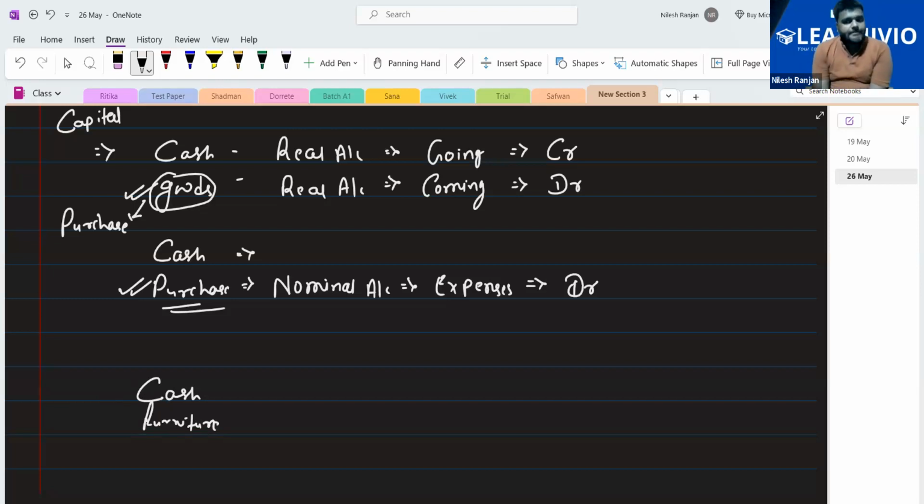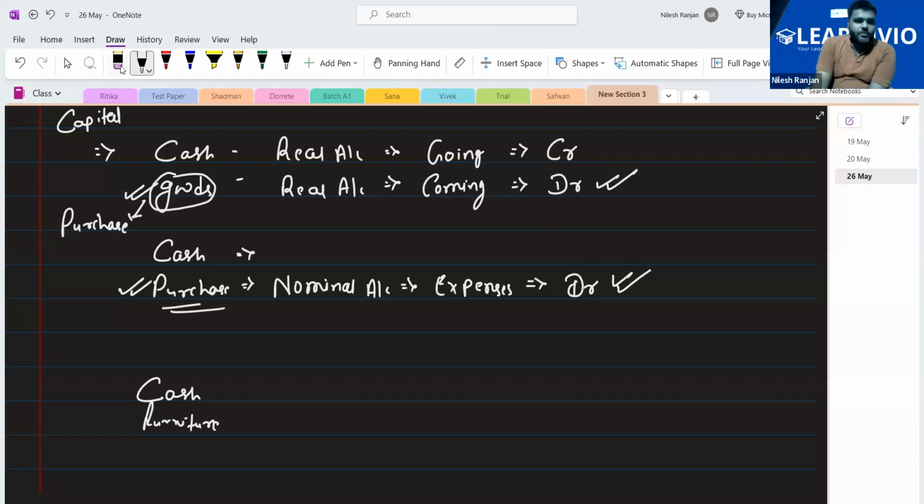Tell me, any confusion? Okay. If there is no confusion, can you tell me which one you will prefer while solving the question? Goods or purchase? Because for cash the same rule will be applicable, but in goods we will apply a real account. In purchase, we will apply a nominal account. So which one do you think is easy for you? Purchase. Okay.